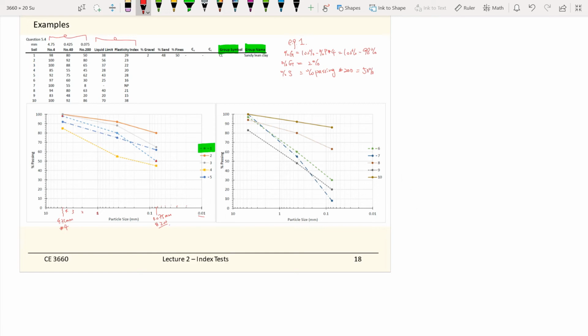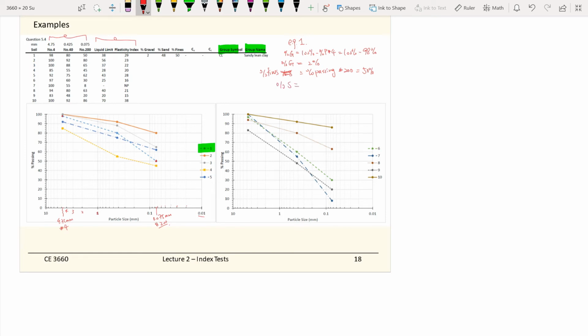Oh, sorry. This is not percent sand, right? This is percent fines. My bad. Percent fines is the percent passing number 200. And last is percent sand.